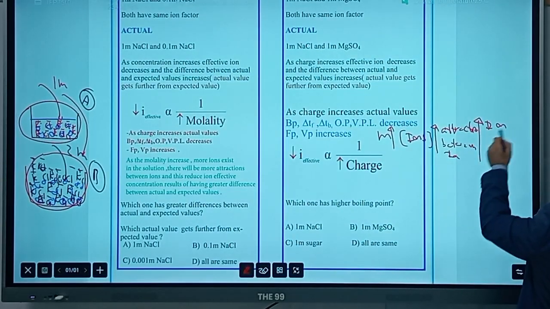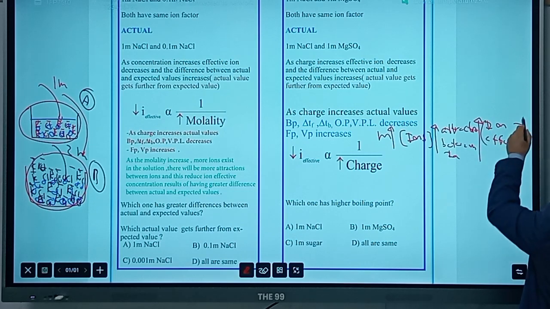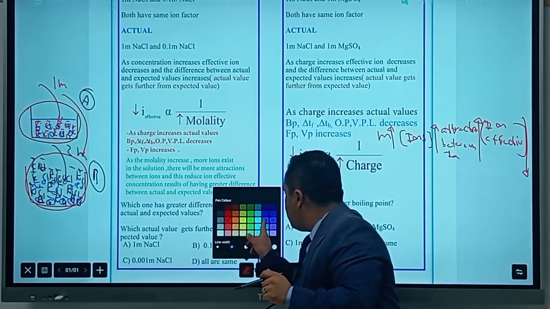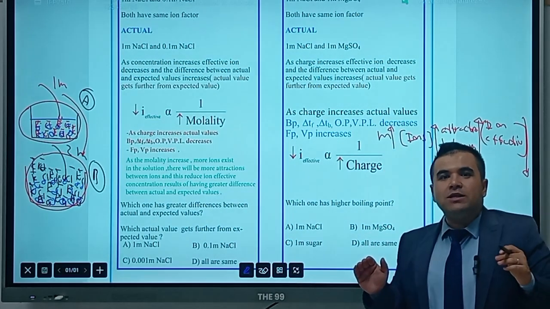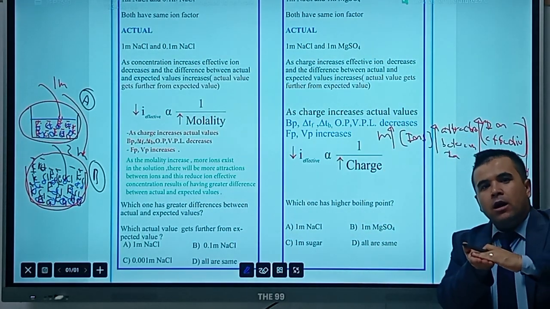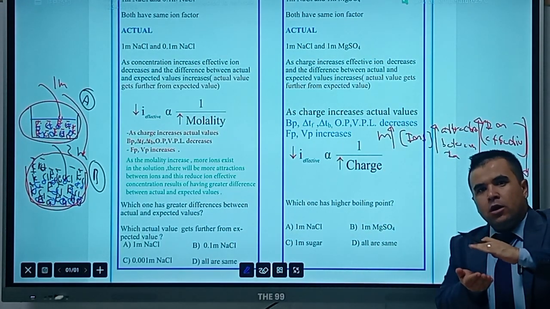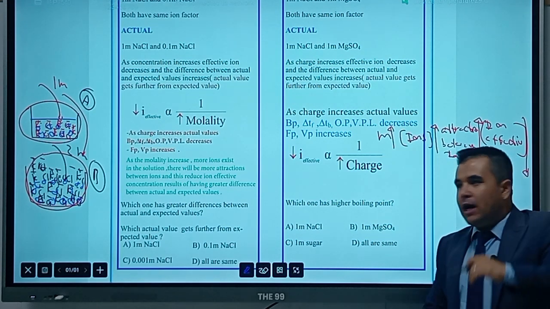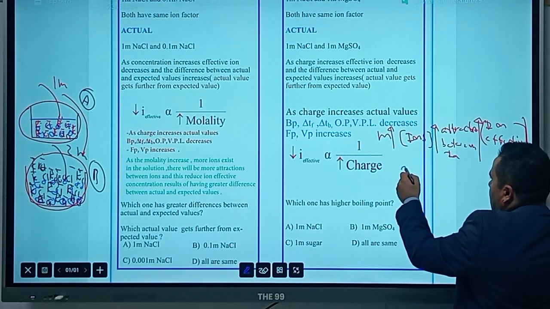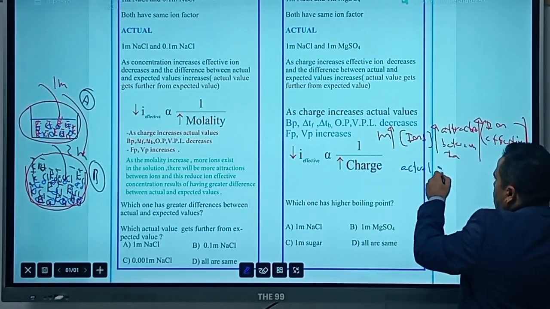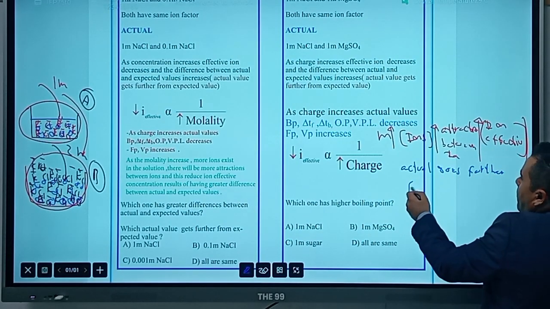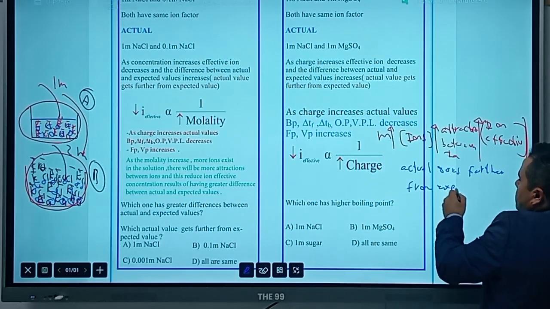So the ion effective concentration reduces. Guys, as the ion effective concentration reduces, there will be a longer distance between the actual and expected values. So actual goes further from expected.